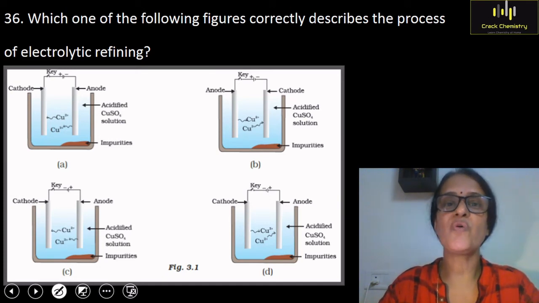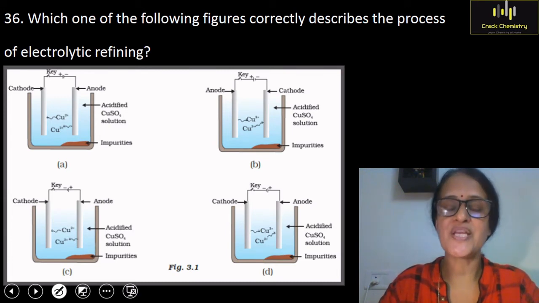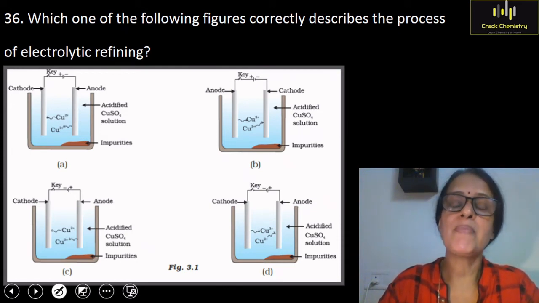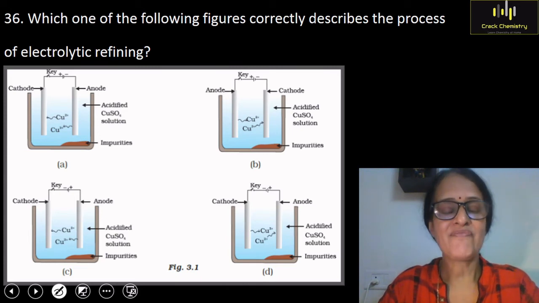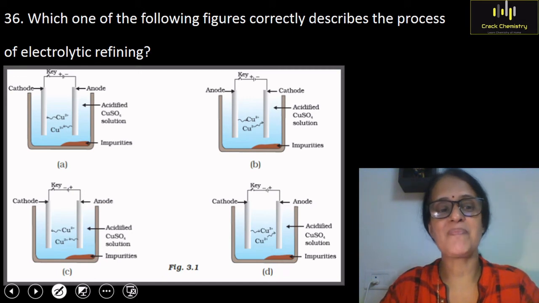Electrolytic refining is one of the methods which is used for refining of metals. Electrolytic refining is used for refining of metals like gold, silver, etc. So what we do in electrolytic refining, I am going to explain to you. For example, during the refining of copper, you will take the impure copper in the form of a rod, and that impure rod will be made as anode by connecting this rod to the positive terminal of the battery.